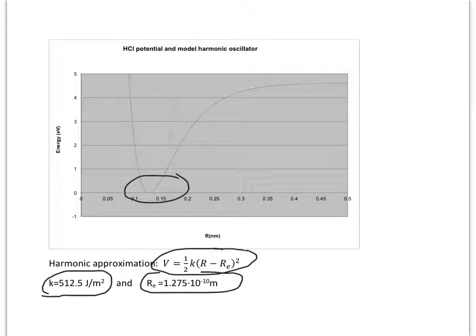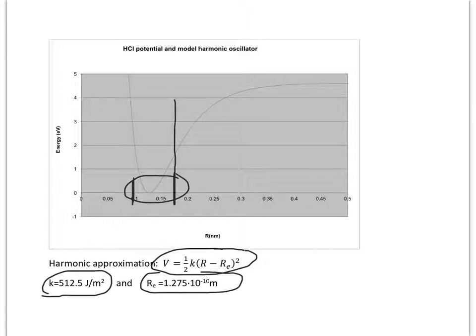So maybe put in values from around here, 0.1, to up here. Where's that? That's maybe 0.17 or so. Anyways, just roughly in that region, put in a bunch of values into an Excel spreadsheet and put in these values for k and r_e.